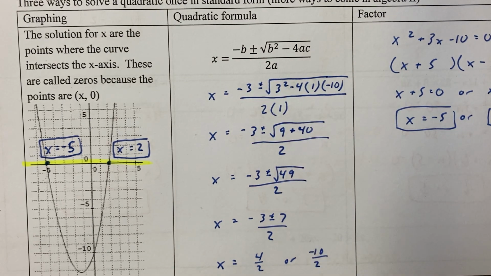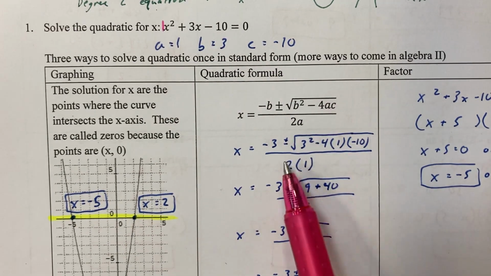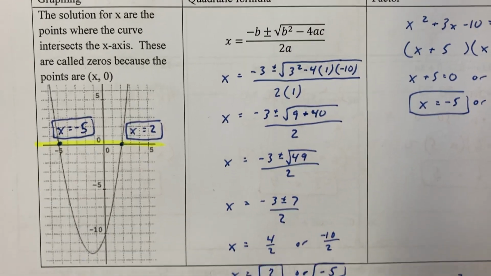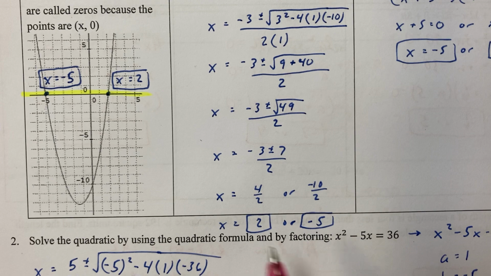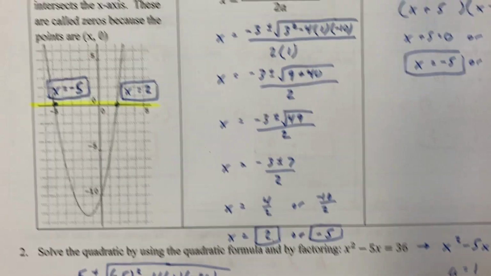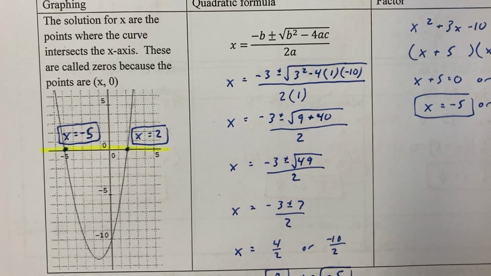Do you remember that from algebra? Hopefully you do. Now you can take your a, your b, and your c, and plug into this equation. And then when you solve that out, guess what? You get 2 and -5 again, which is exactly what we got over here. Okay, so pause the video and go and copy this down.